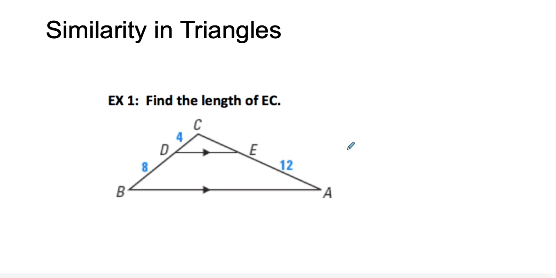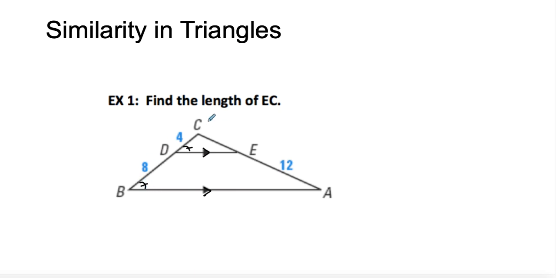All right, so let's look at this triangle here. I immediately see a small triangle and a large triangle, but I actually also know that they're similar. How do I know that? Well, these symbols right here mean that the lines are parallel. So that tells me that this angle and this angle are corresponding, so they're equal.